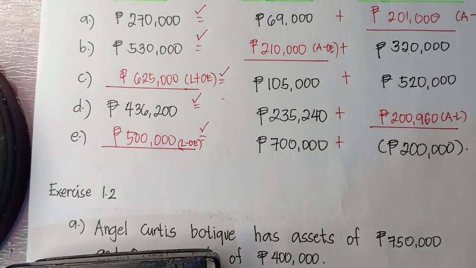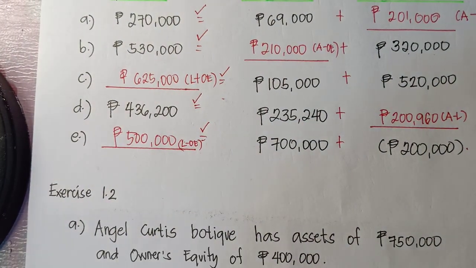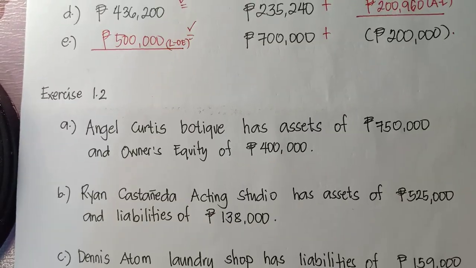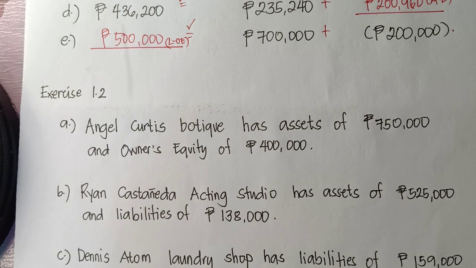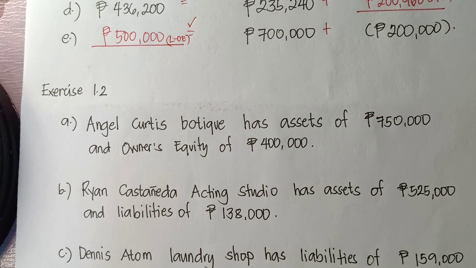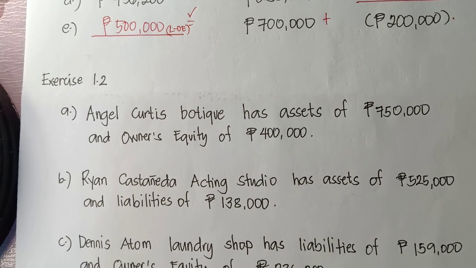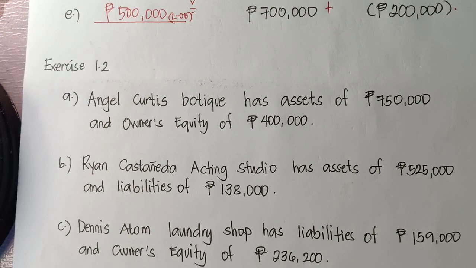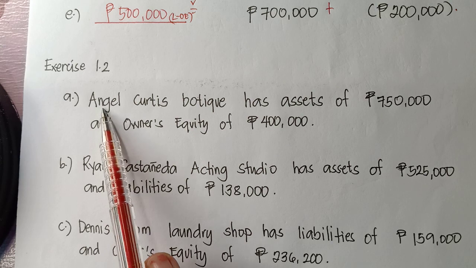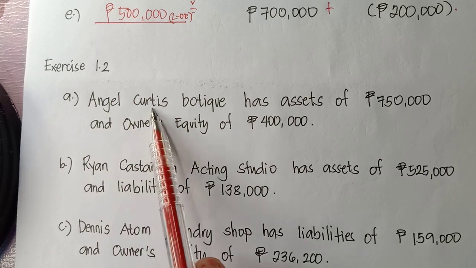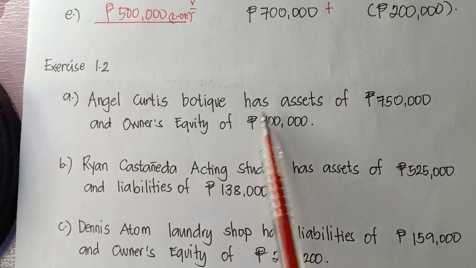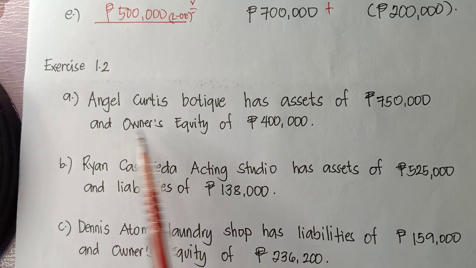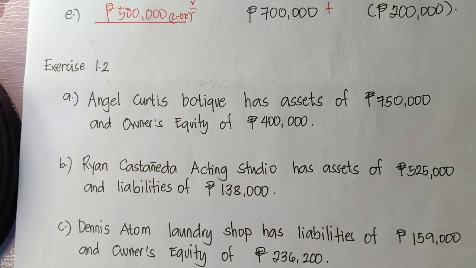Okay? So next, we have exercise 1.2. The same, it is a computation of the amount of the missing element. Here we have a problem, letter A. Angel Curtis Boutique has assets of 750,000 and owner's equity of 400,000.